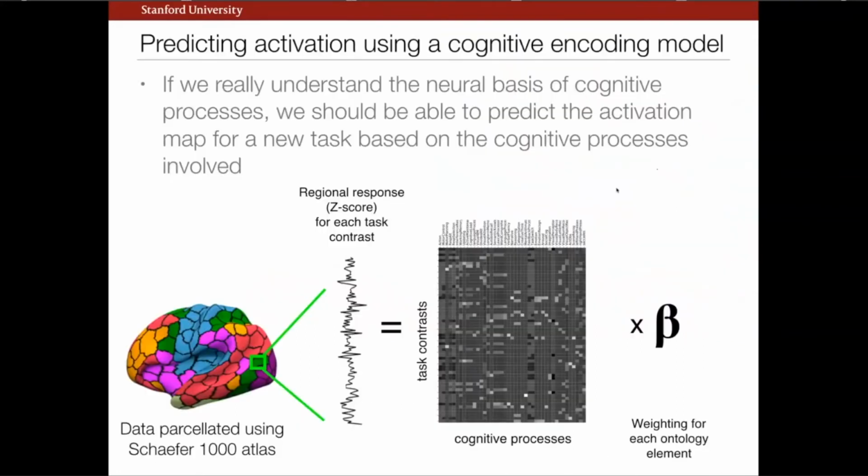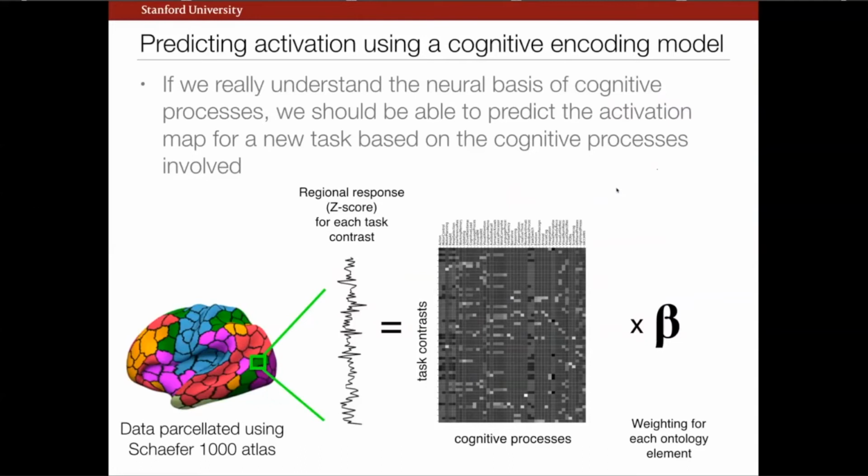I want to focus particularly on the idea of building a cognitive encoding model. In the visual neuroscience world, there's been a lot of progress, pushed particularly by Jack Gallant's group and used by a number of other groups, in building what we call encoding models. They basically try to say, for any particular stimulus or task that's presented, what are the features present in that stimulus?